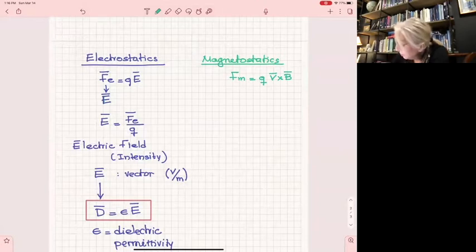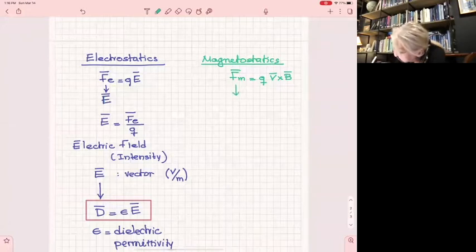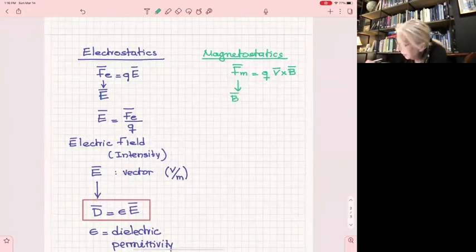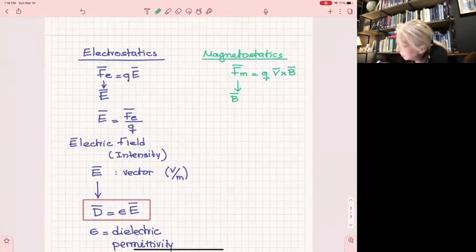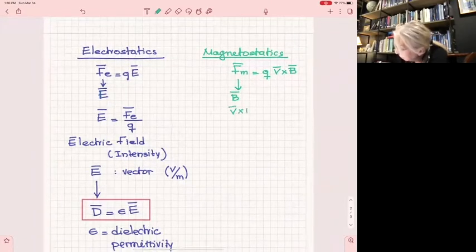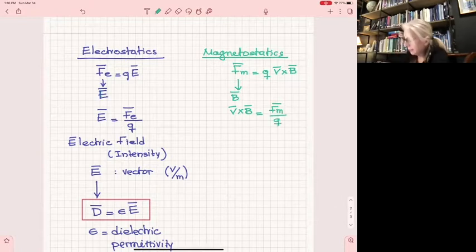So while from F sub E you have E, which is the electric field intensity in volts per meter, from the magnetic force F sub M, you have another entity which is B. B is given by this expression, where V cross B equals F sub M over Q. So the equivalent expressions.